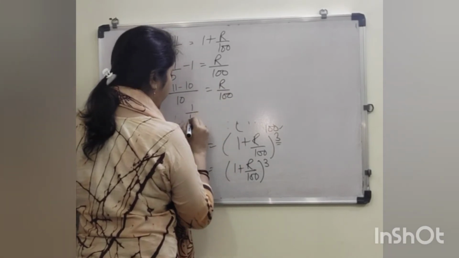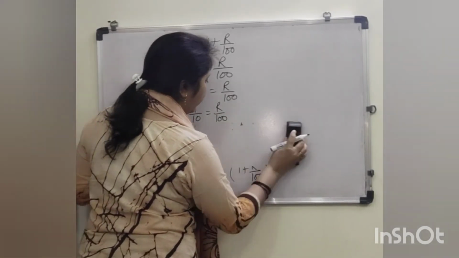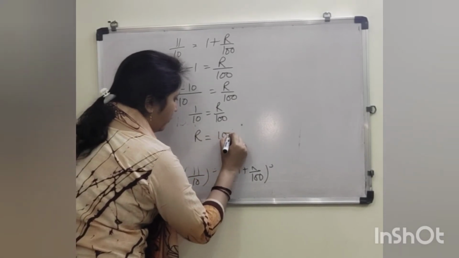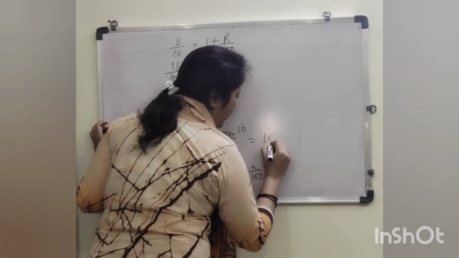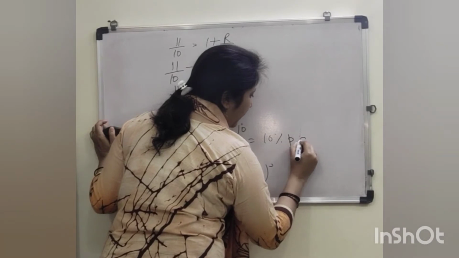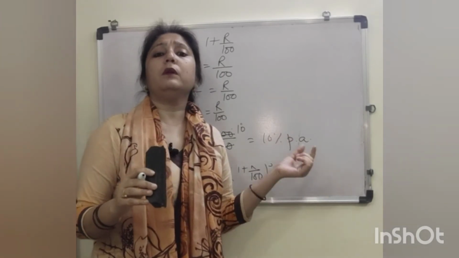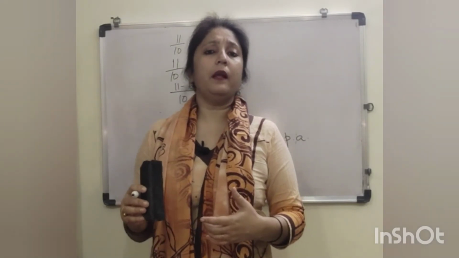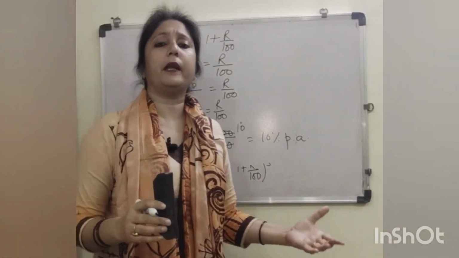So 1 by 10 is equal to r over 100. So r is equal to 100 over 10, that means 10% per annum compounded annually. At this rate, rupees 1000 will amount to rupees 1331 in 3 years. This is how you will perform the working when you have to calculate rate.